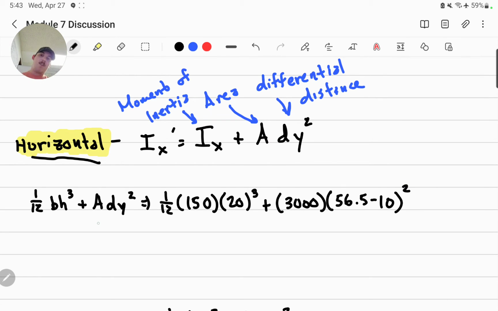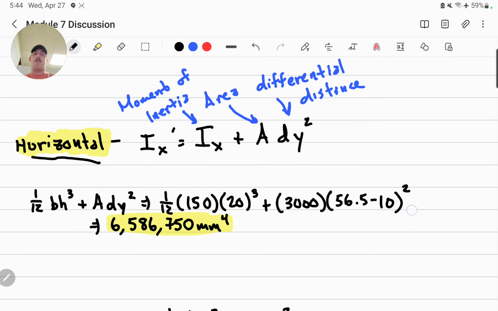This gives me a large number, 6,586,750 millimeters to the fourth. That's for the horizontal beam for Part B.